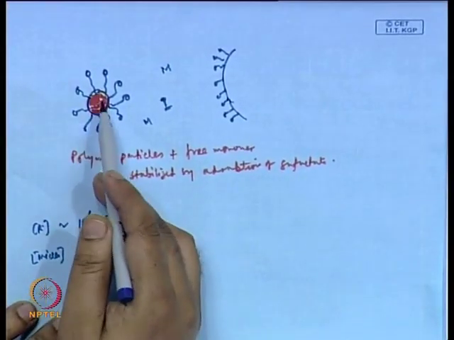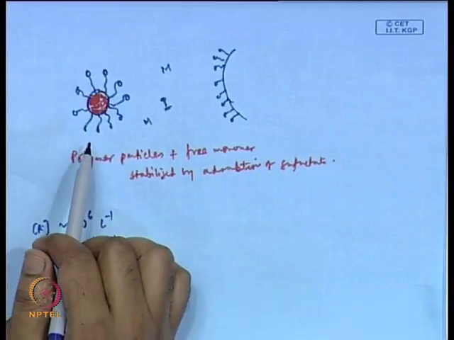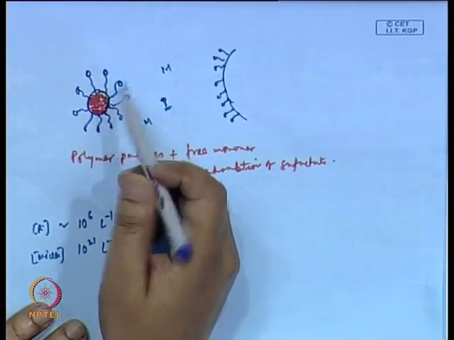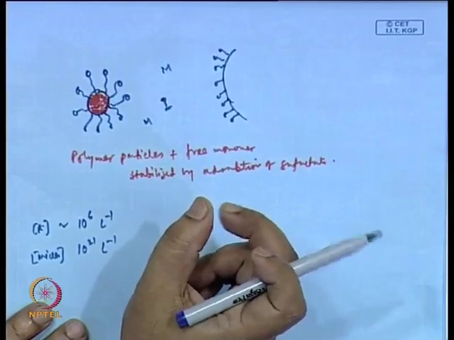So, at any point of time it could be one radical or it could be 0 radical. It can never have more than one radical, because as soon as the second radical gets into this polymer particle, the two radicals will do the bimolecular reaction and terminate.